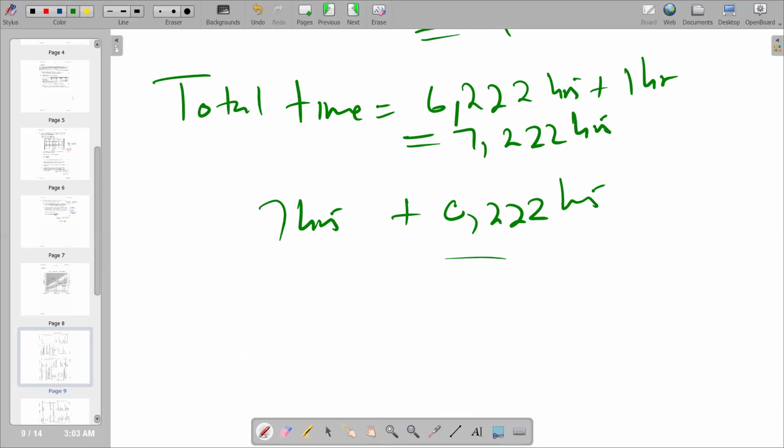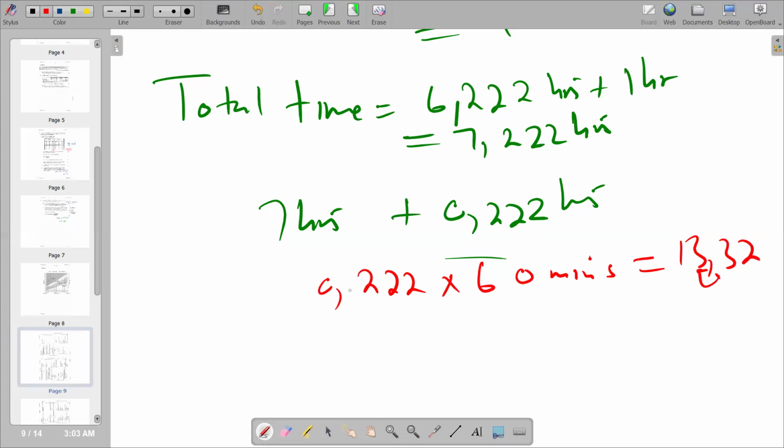And then we can convert to minutes, whereby we multiply 0.222 times 60. If we say 0.222 times 60 minutes, you're going to get 13.32 minutes, which we are going to round to the nearest whole number, so 13 minutes.